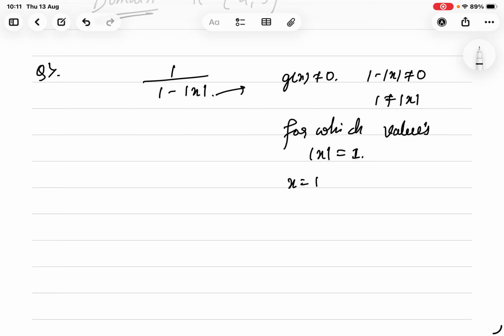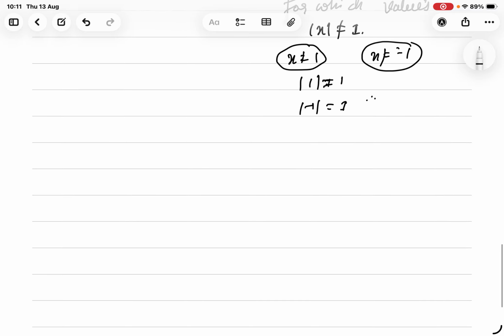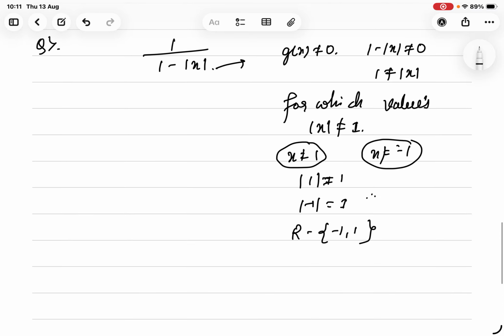For x equal to 1 and also x equal to minus 1. Modulus of 1 is 1. Modulus of minus 1 is 1. Therefore you have to remove these 2 points, x not equal to 1, minus 1. So the domain of this function is R minus 1 comma minus 1.